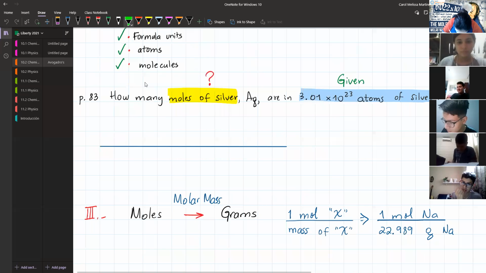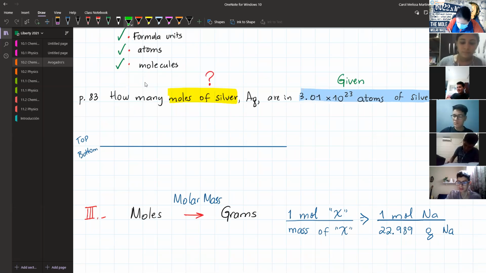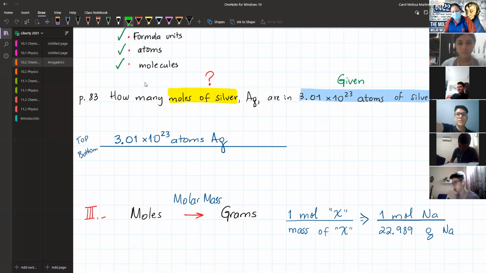So remember, top and bottom, and the given is 3.01 times 10 to the 23rd power atoms of silver. That is your given. And you're going to use Avogadro's number as a conversion factor.